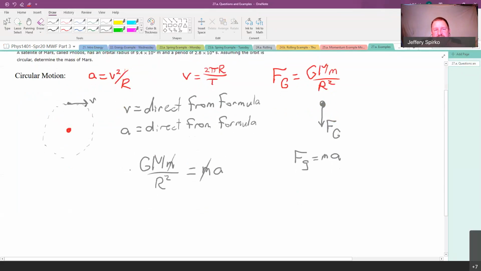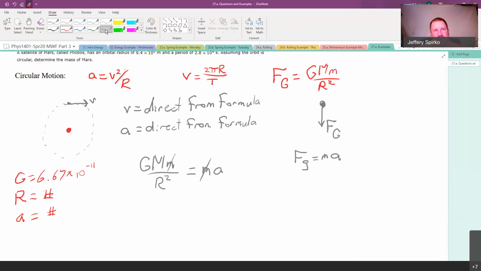And out of these things, what do we know? What are we looking for? We know that G is 6.67 times 10 to the minus 11th. And we know R is a number, and we know A is a number.